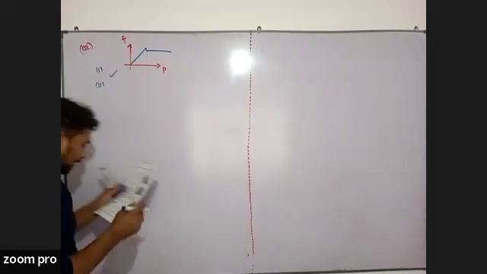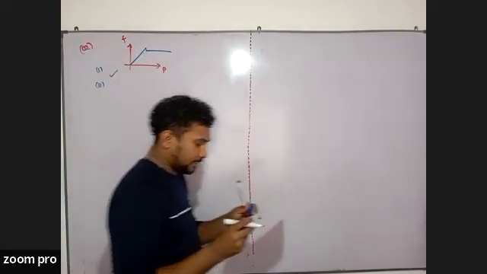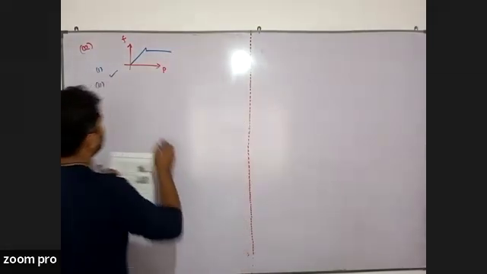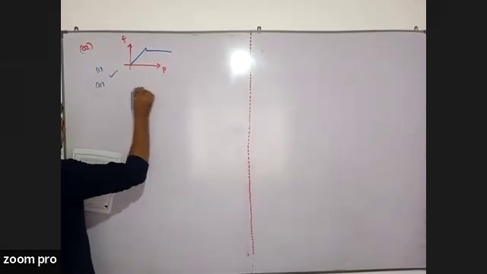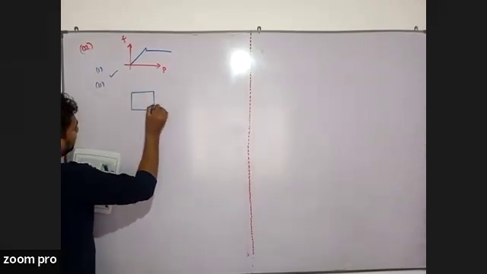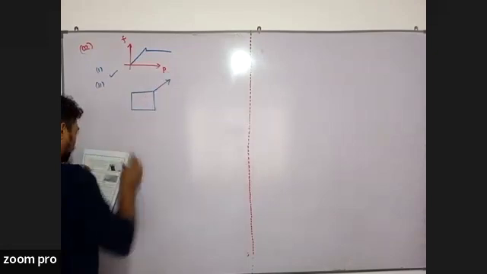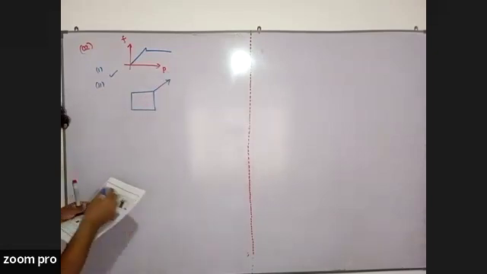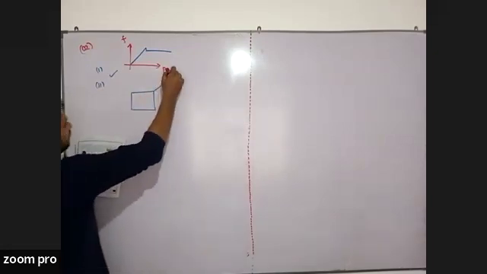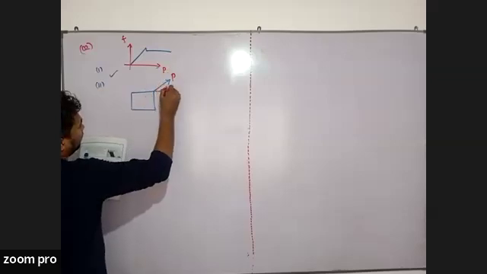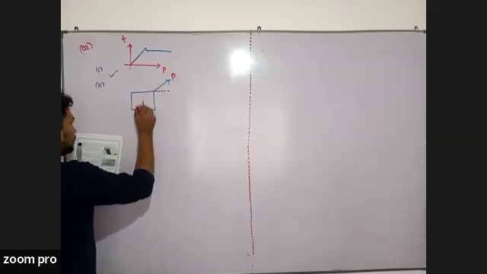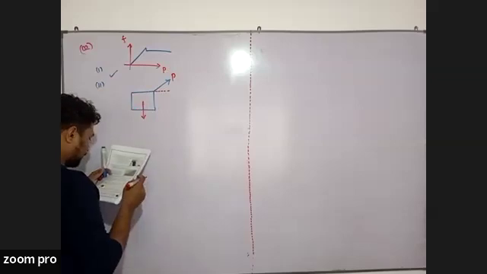Second one. Copy the above figure and indicate the force acting on it. Right. So this is the object. This is the applying force. So we have to mark the weight of this object.